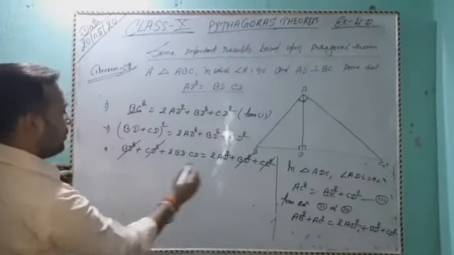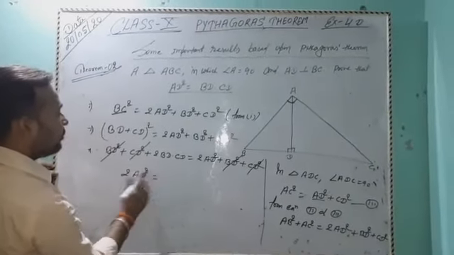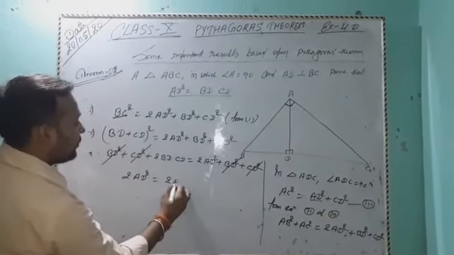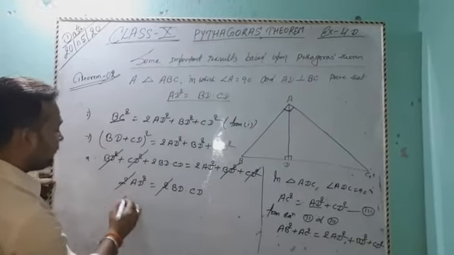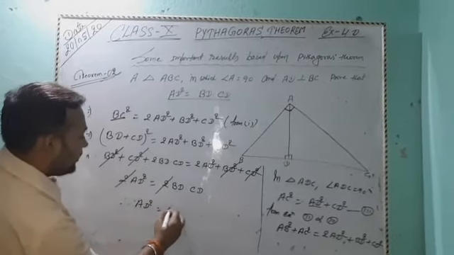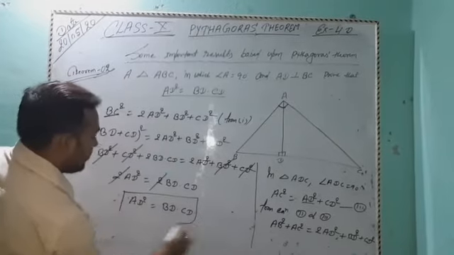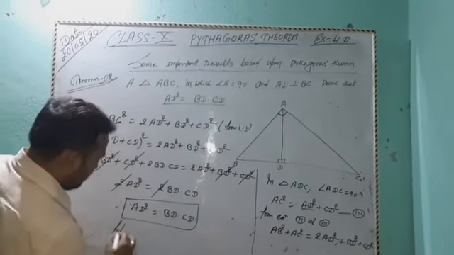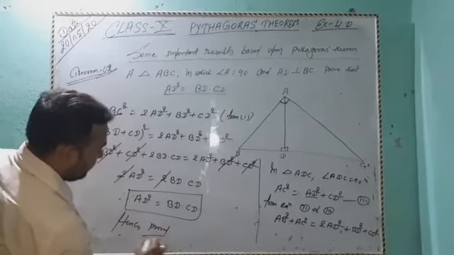So here 2AD square equal to 2BD into CD. 2 is cancel, hence AD square equal to BD into CD.